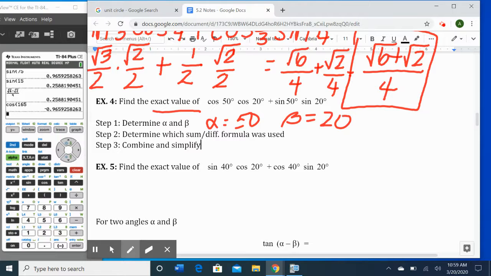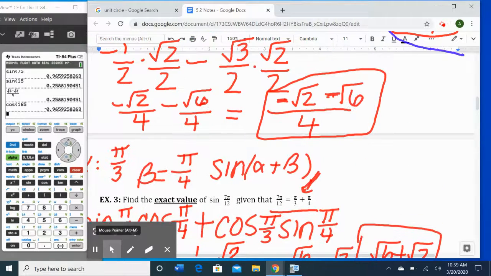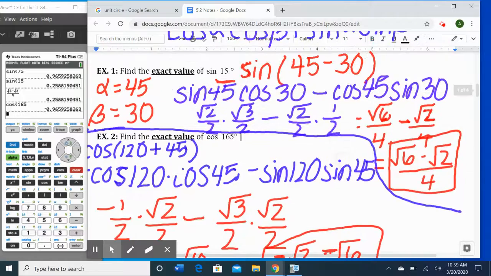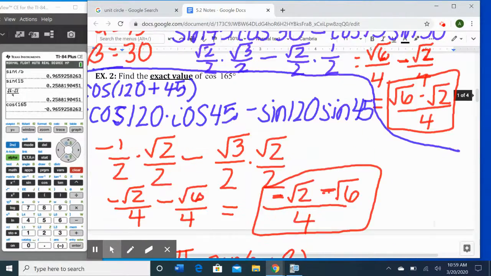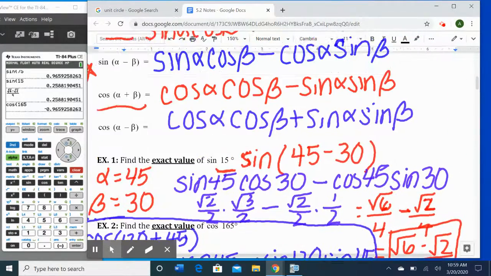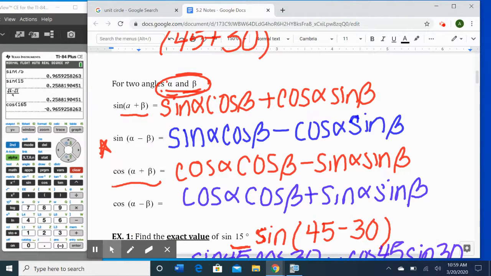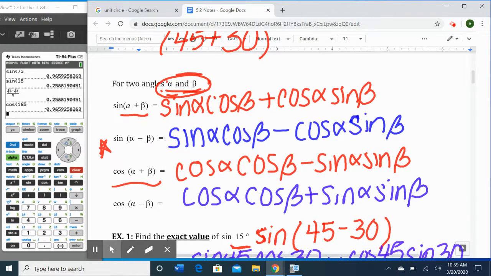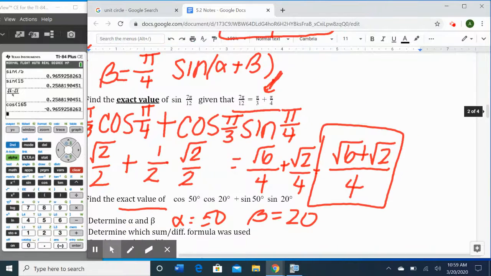And then they say determine which sum or difference formula was used. So if I scroll all the way back up to all these formulas, which one did I use of these? Which is the same setup? The formula in question had the cosines together and then the sines together.